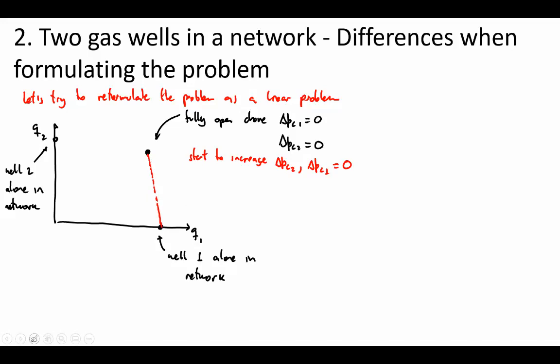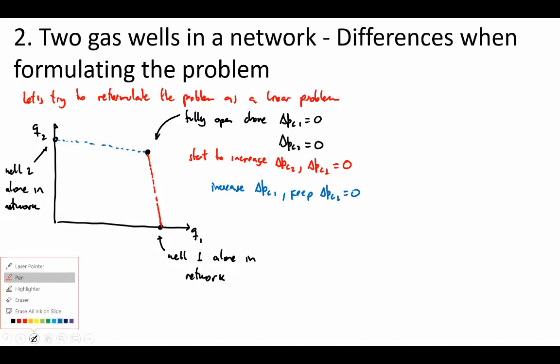And then you can see the same thing if you increase delta PC1 but keep delta PC2 equal to 0. You will see a line like that. So this map divides the area essentially in two parts.